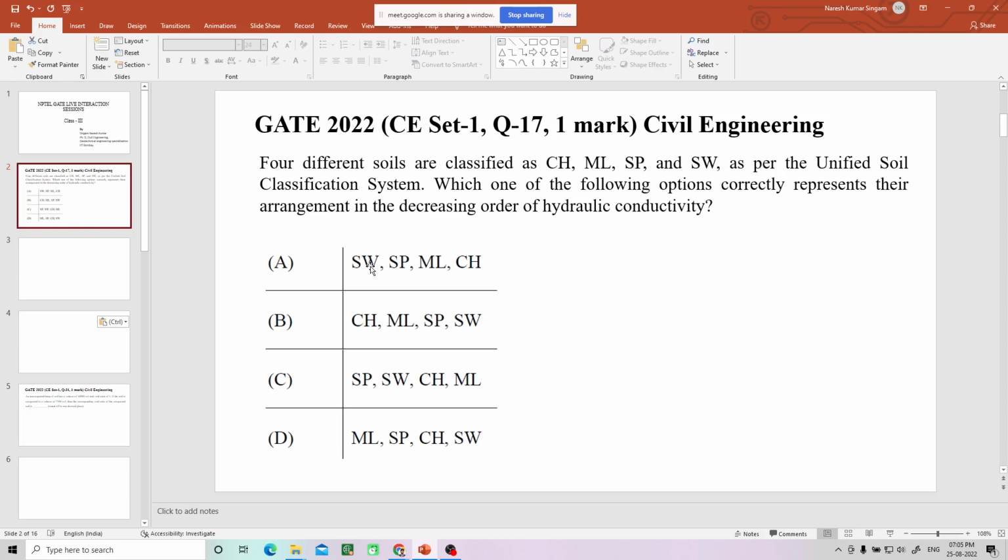Coming to the question: 4 different soils are classified as CH, ML, SP and SW as per the Unified Soil Classification System. Which one of the following options correctly represents their arrangement in the decreasing order of the hydraulic conductivity?